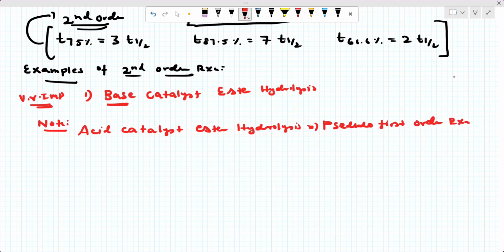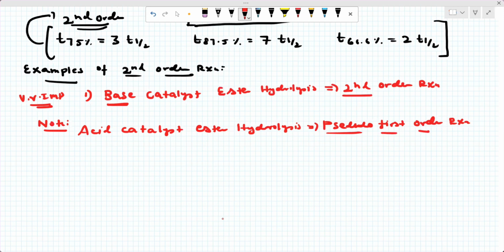This is a basic, common example; most of the time they will ask these examples. Base catalyst ester hydrolysis is a second order reaction, and acid catalyst is a pseudo first order.